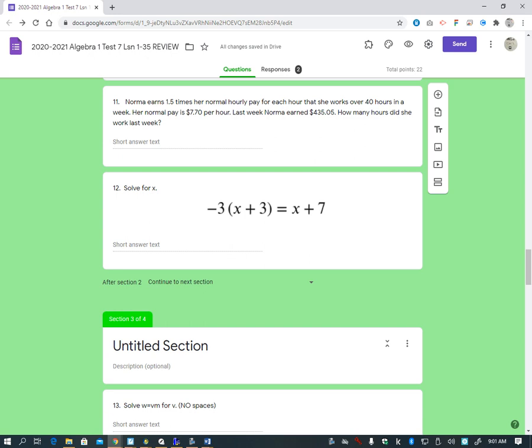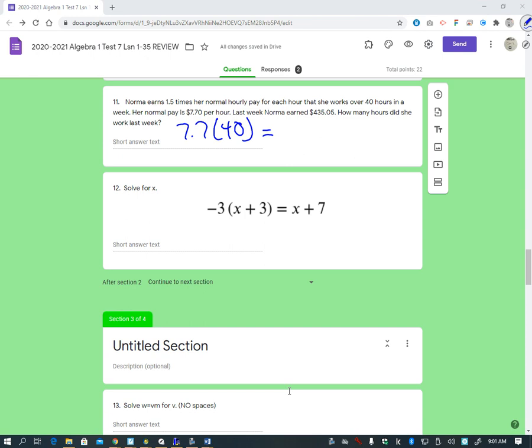Does anybody know what the first step is? What's the first step, Camden? Oh, okay, 7.7. Okay, multiply it by 40. And what's that going to tell you? No, we already know. If you use it, what does 40 represent? 40 represents 40 hours.